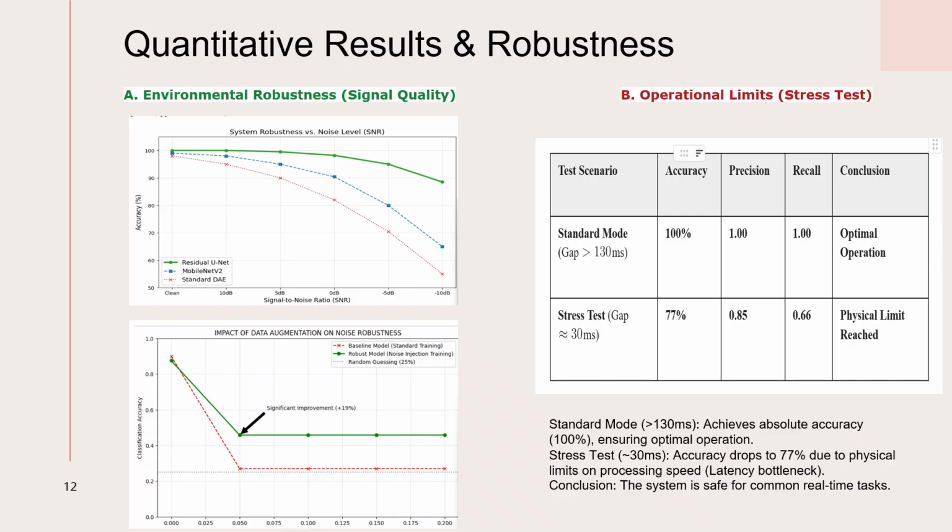But our most critical discovery regards our physics informed data strategy. In most AI simulations, a sound wave is treated as a perfect thin line, but in the real world, motors vibrate. This vibration causes the sound frequency to wobble slightly, a phenomenon known as the Doppler effect.